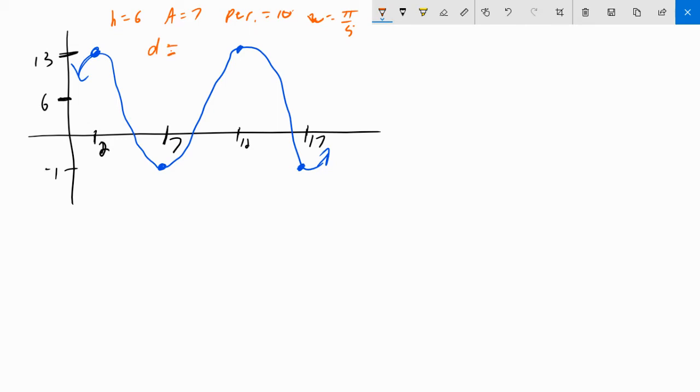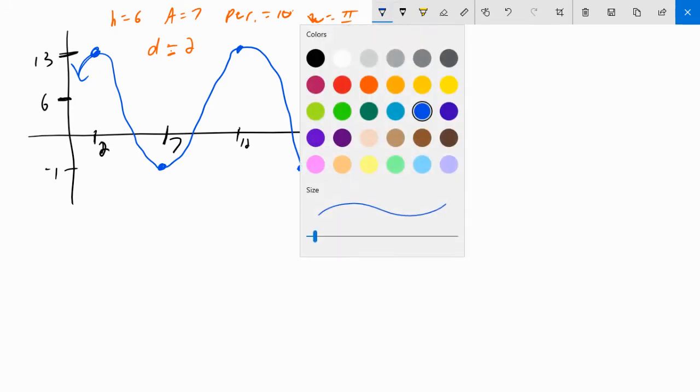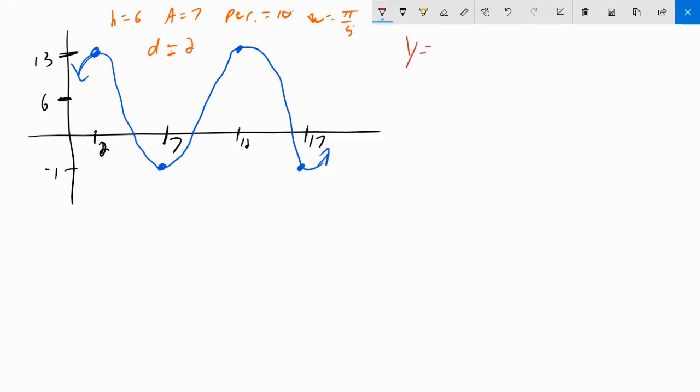First time we're at a maximum is 2 seconds into this problem. If I use the first max, that makes it a cosine problem. So your default setup is y equals h plus a sine or cosine w t minus d.